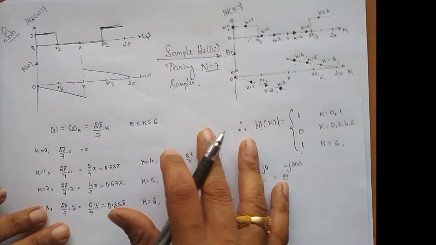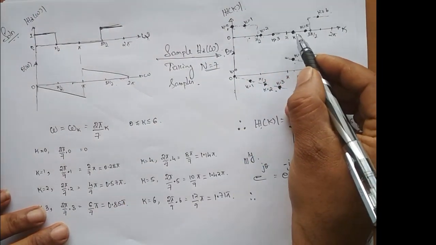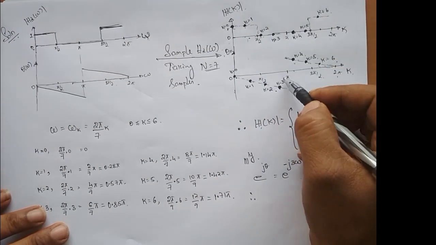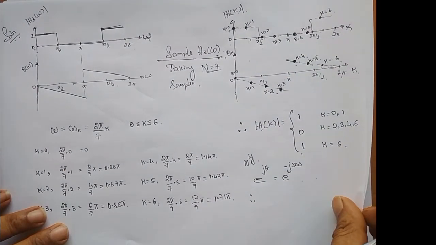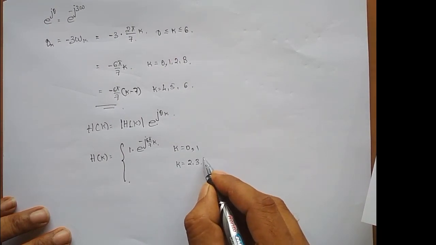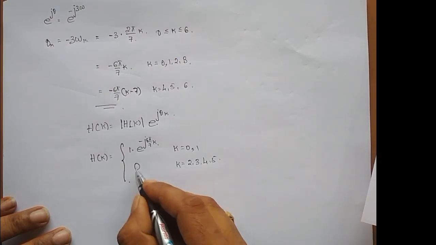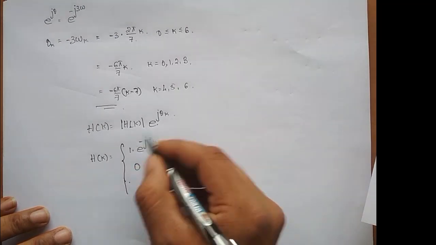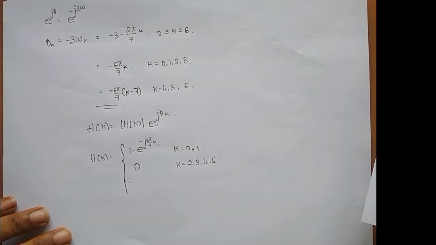So for k equal to 2, 3, 4, 5, 0 times anything is 0, so everywhere it is 0, right? Since magnitude is 0, magnitude times phase will be 0. Fine.